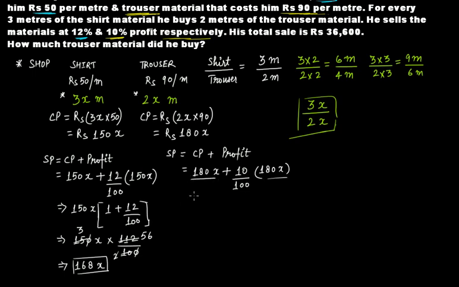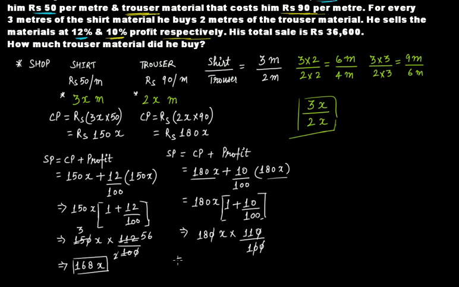180x is common here, in both the numbers. So 180x you take out as common. This is 1 plus 10 over 100. If you solve it, you get 180x times 110 over 100.